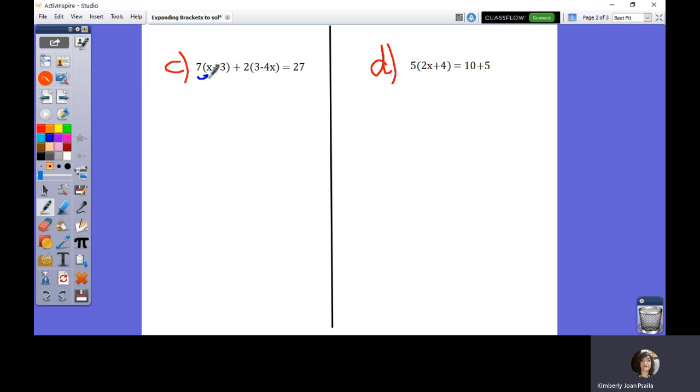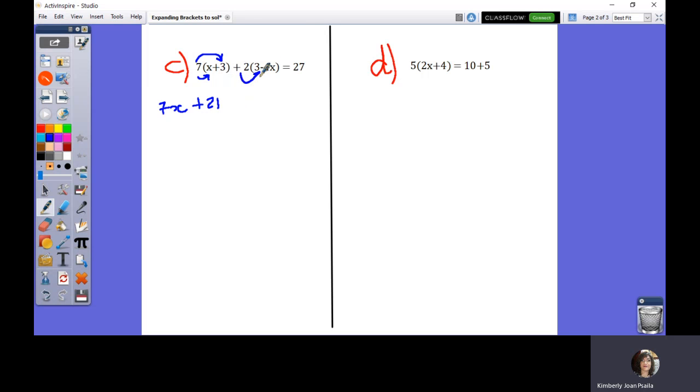So 7 multiplied by x gives us 7x. 7 multiplied by positive 3 gives us positive 21. So that was our first bracket. Now I have to open up my second bracket.